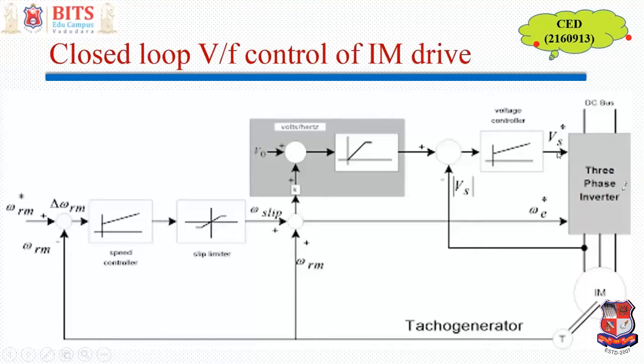So ultimately, you are supposed to program in such a fashion that the PWM pulses are produced in such a fashion that required voltage and required frequency is produced over here, right? So if that happens, now what happens? Because of that speed changes, because of this actual speed changes, so this error reduces and this action continues.